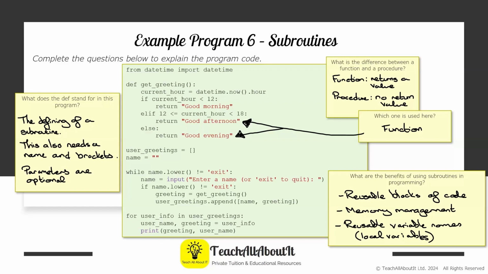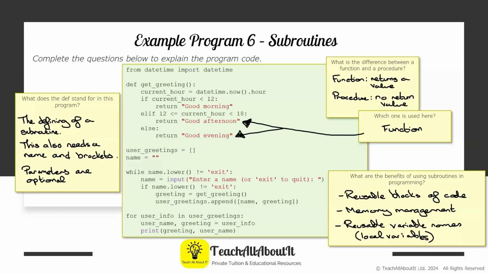It's also really good for memory management. So any local variables that exist inside a subroutine only exist for the time that that subroutine is actually being run. So at the end, once it's returned one of those values, all of the memory that's needed for that subroutine is got rid of, it's recycled.